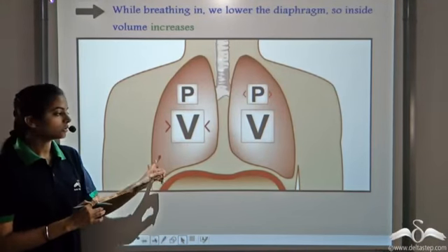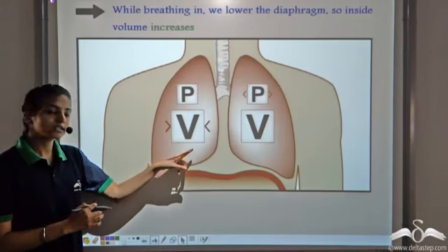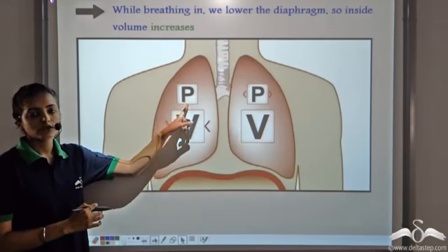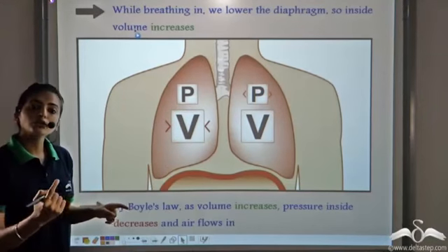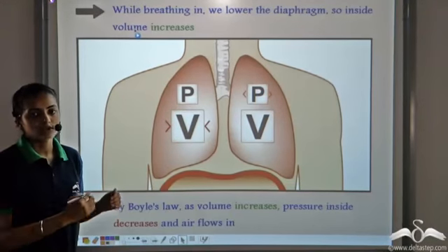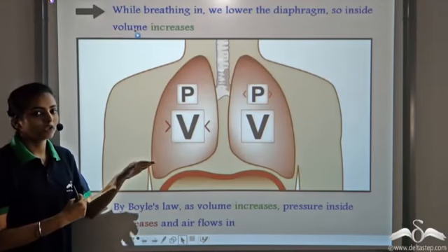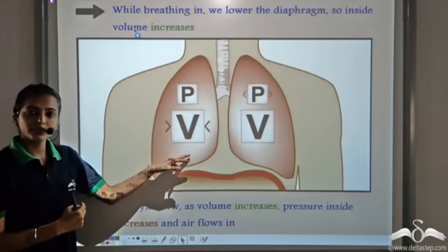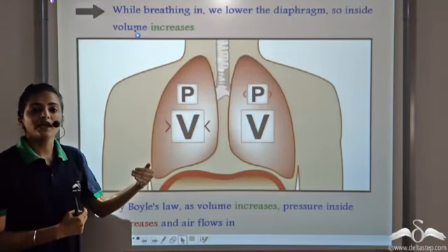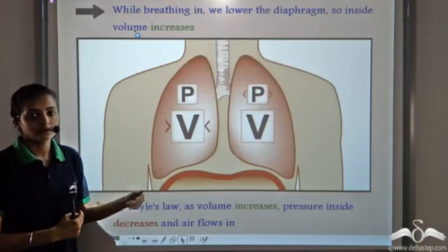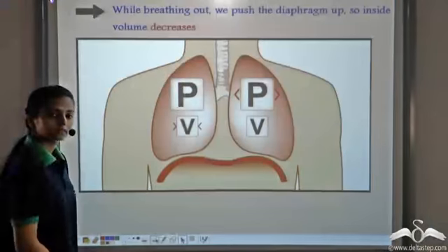So by Boyle's law, as the volume inside increases, the pressure decreases. So the inside pressure is less, and so outside air flows in. So this is how we breathe in. So we lower the diaphragm, the volume increases, pressure decreases. So to balance it, the air from outside moves in. This is how we breathe in.